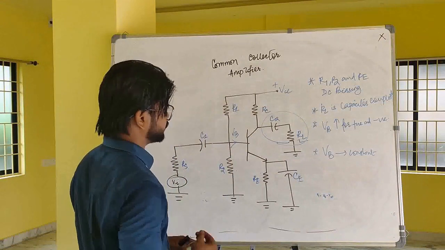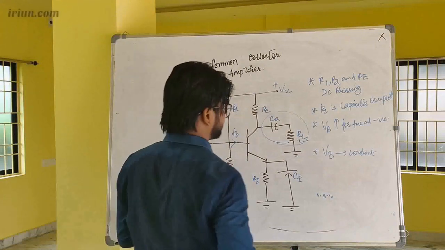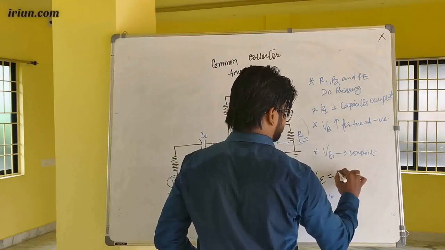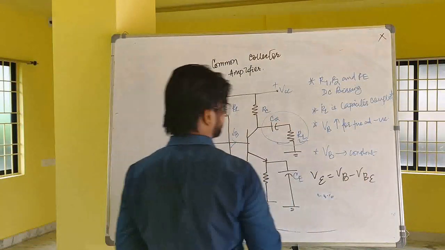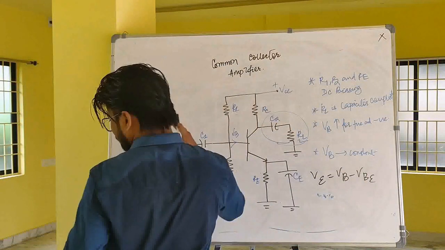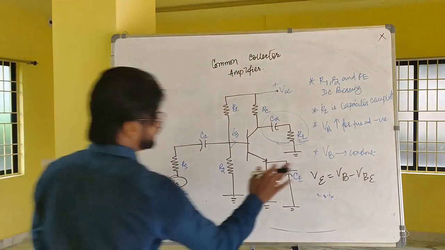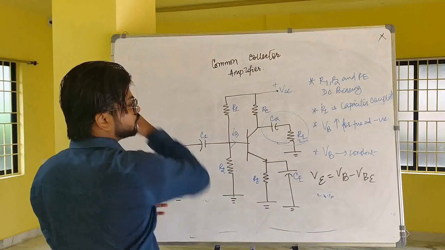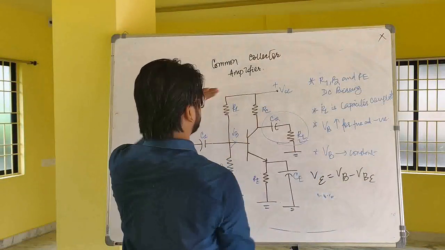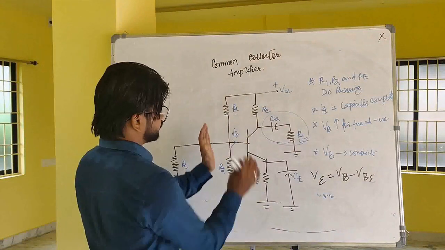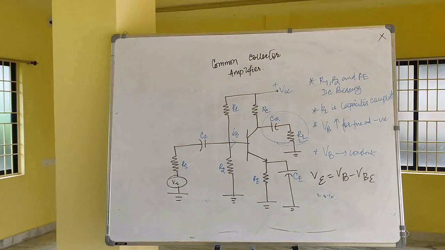Following the equation from the circuit, VE equals VB minus VBE, the variation in VB appears at the emitter, and the emitter voltage VE will vary the same as the base voltage VB.